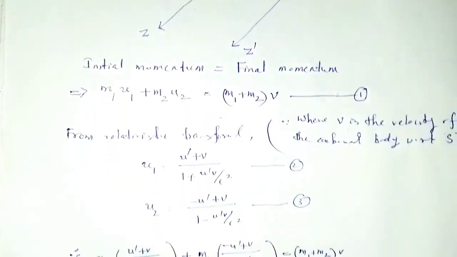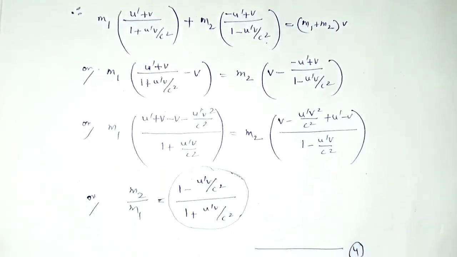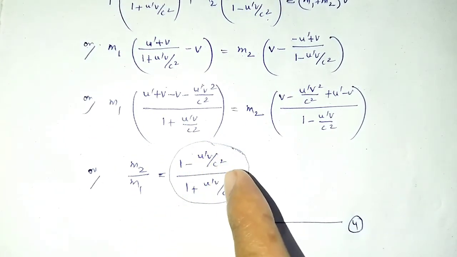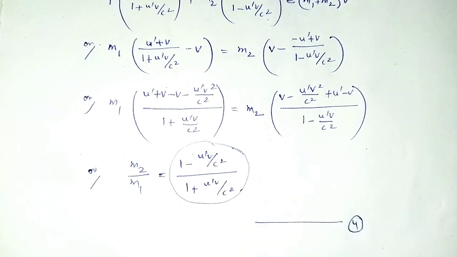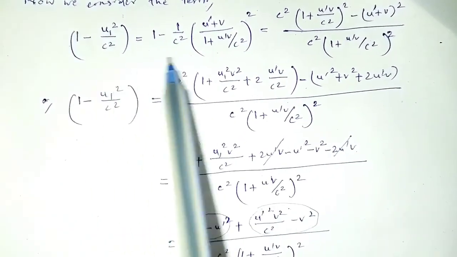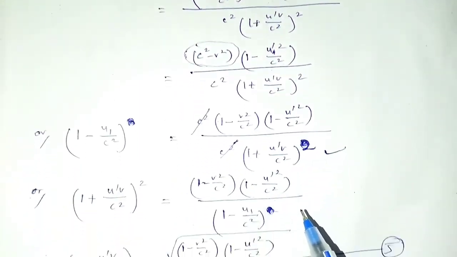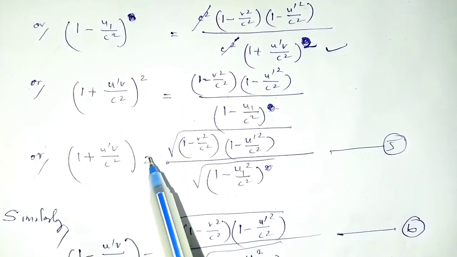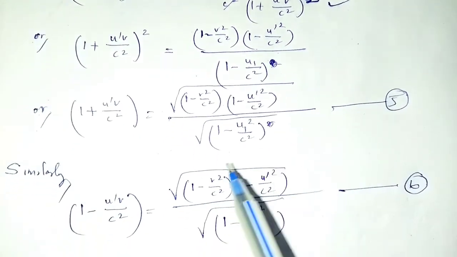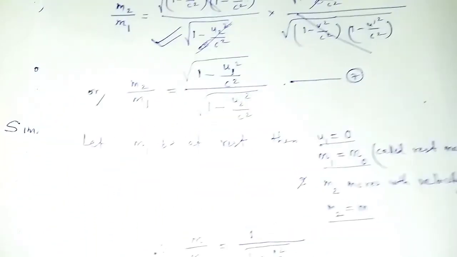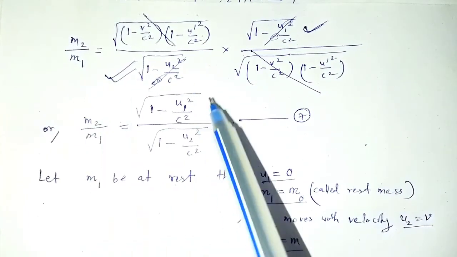Taking the mathematical procedure, we find m2 by m1. To get these two terms, we have to introduce a term like this and simplifying by using its values, finally we get 1 plus u dash v divided by c square. Similarly 1 minus u dash v divided by c square. Putting its values in the equation, we get m2 by m1.